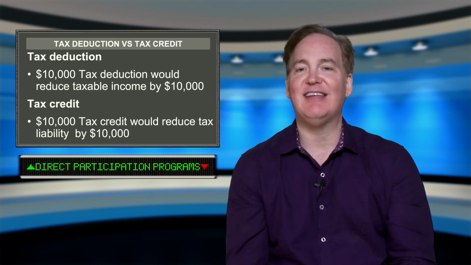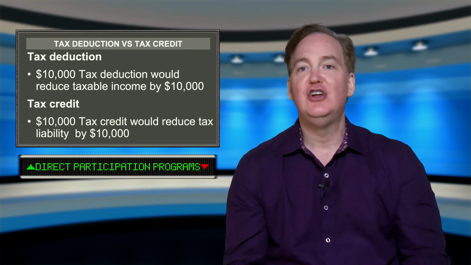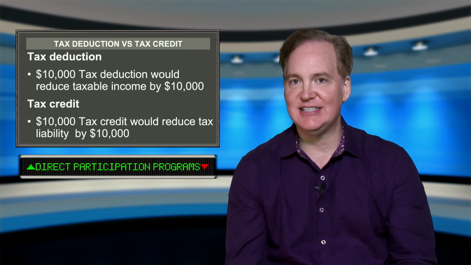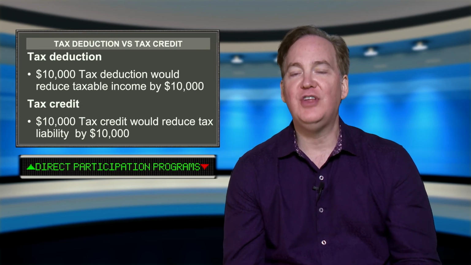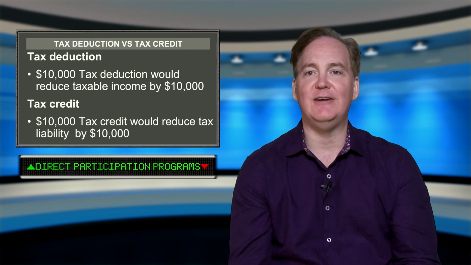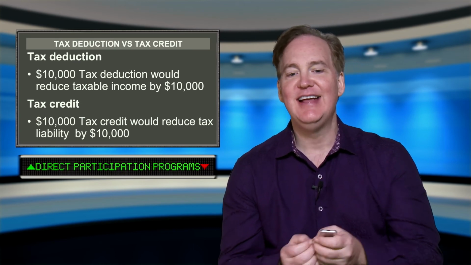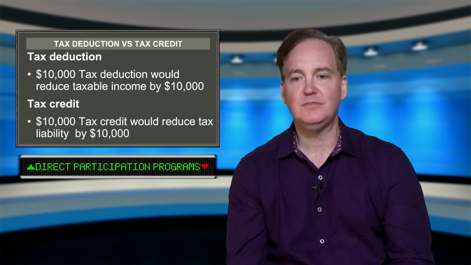So if you have a $10,000 tax credit and you owed the government $12,000 in taxes, you would only owe the government $2,000 after taking that tax credit. A tax credit reduces your tax liability dollar for dollar.